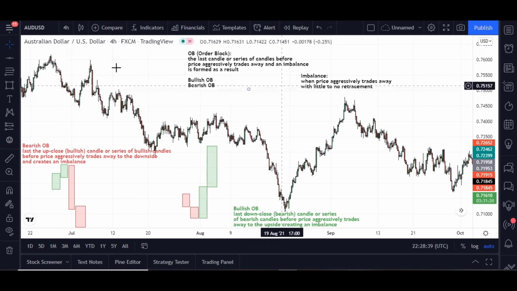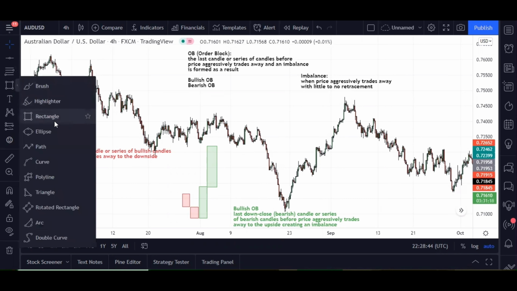Because we see that the market likes to balance itself out. We tend to call it a correction.